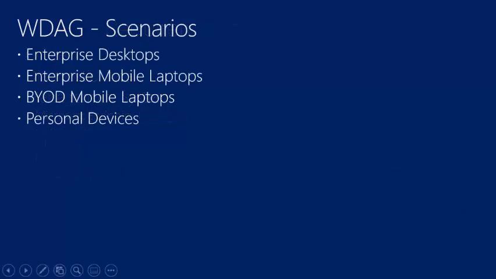So before we start to edge toward the fun stuff, let's talk about some scenarios. I mentioned that Application Guard was designed for physical machines. There's really 4 scenarios that we describe in our documentation where we envision this playing. The first is enterprise desktops. These would be systems that are domain joined, managed by your organization.